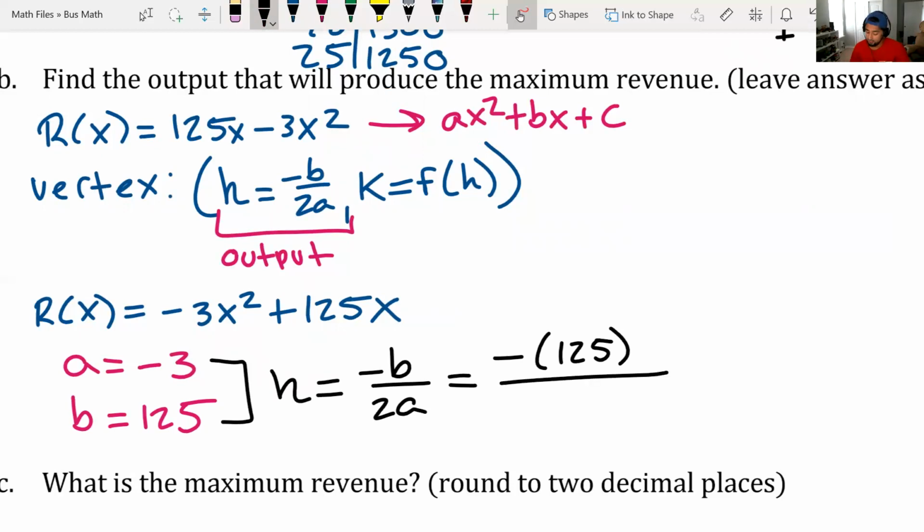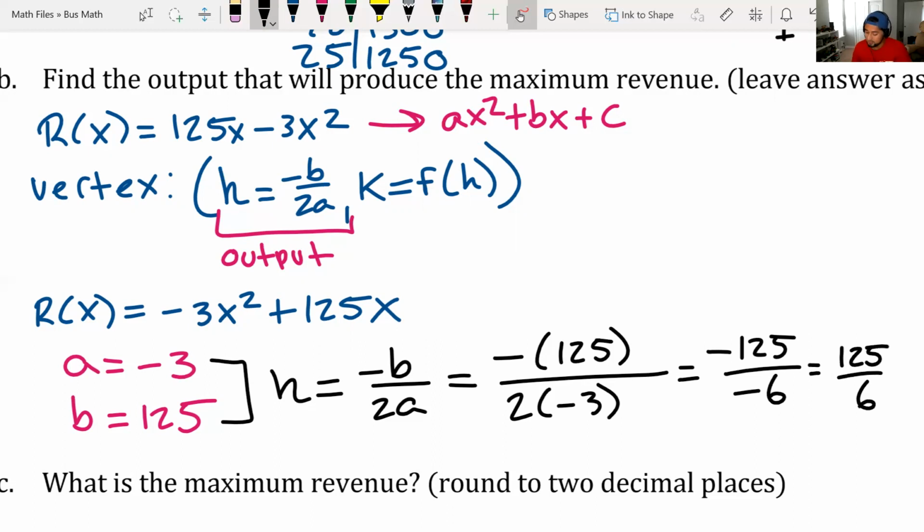Negative 125 over 2 times the value of A, which is negative 3, which will give me negative 125 over negative 6, which gives me positive 125 over 6.